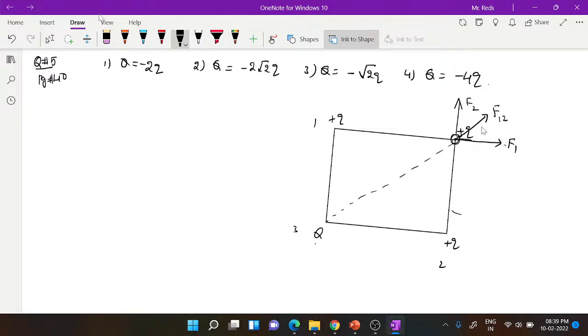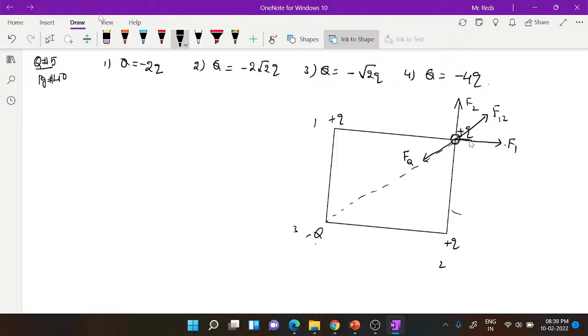If this is positive, the force due to this will be in the same direction, so they will add up. For the net force to be zero, the force due to this must be in the opposite direction, so this must be a negative charge, and hence the force due to this can be expressed as F due to Q.